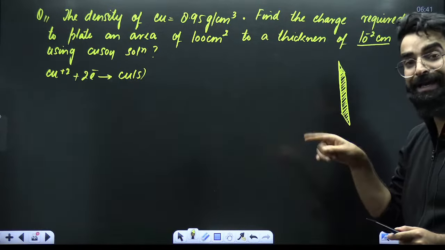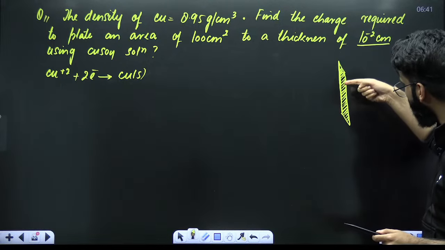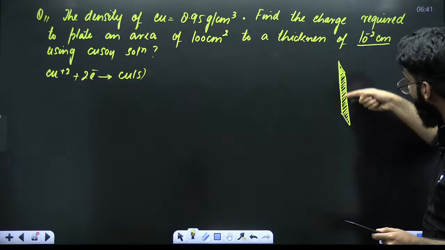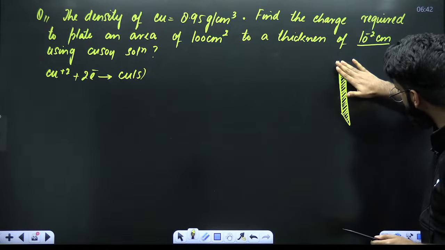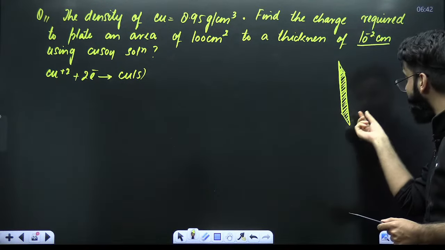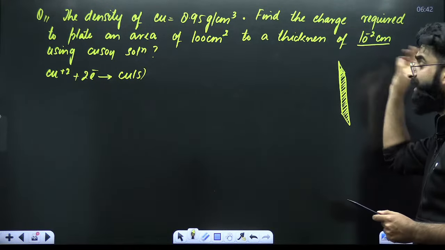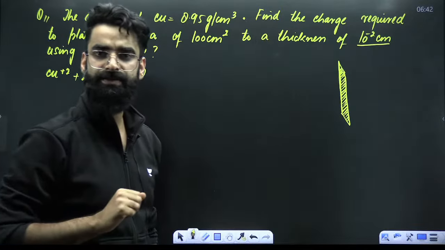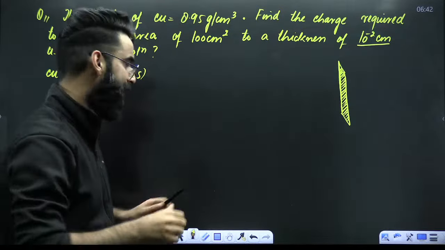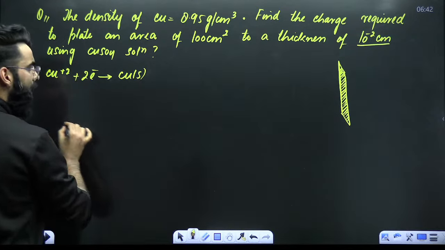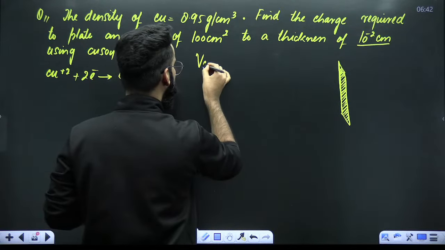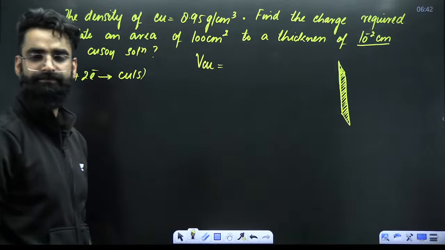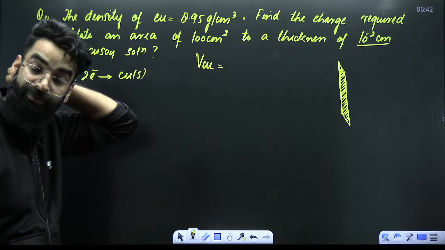We have to continue the electrolysis till the entire surface of the electrode is covered. First the entire surface should get covered. After that, the thickness of the copper on the plate should be 10 raised power minus 2 centimeters. So if I ask you, indirectly, how much volume of copper are we depositing on the plate?